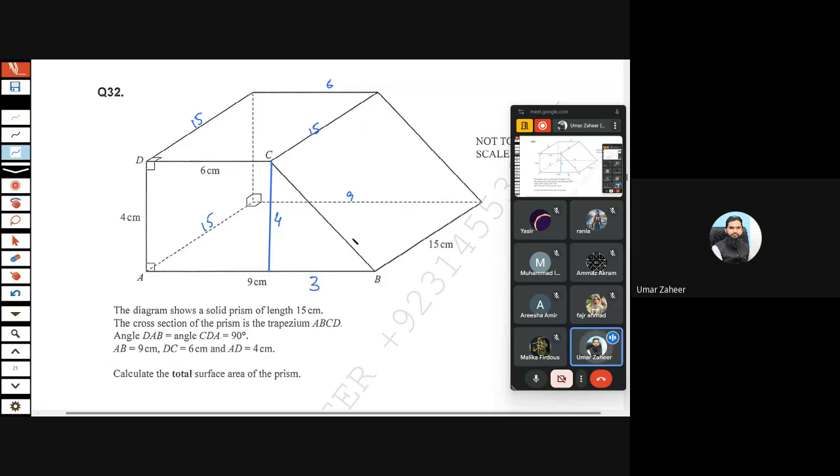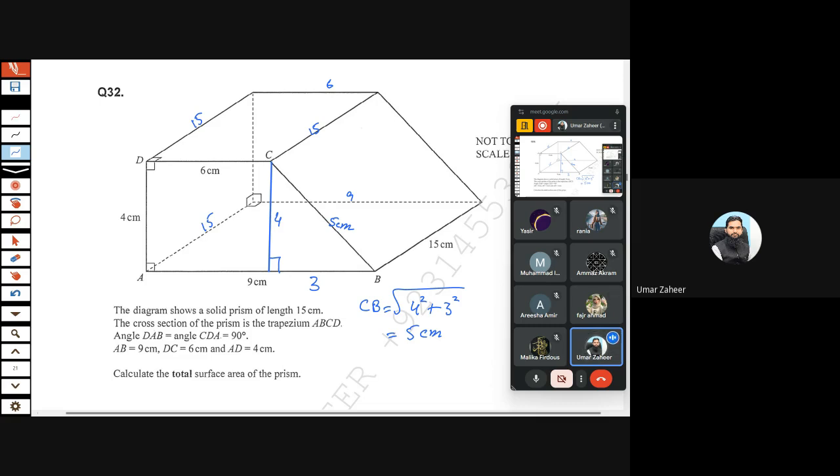So we can easily find the length of CB. It's a right angle triangle, so hypotenuse squared is equal to the sum of the squares of the other two sides. Take the square root. That will be 5 centimeters. Yes, everyone, is it clear?